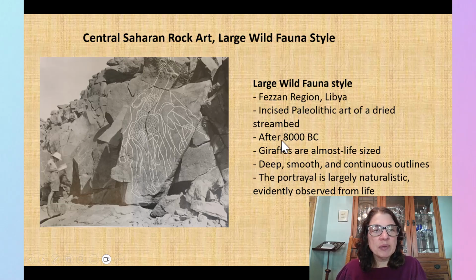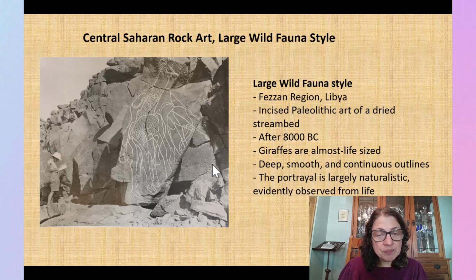We have this appearing sometime after 8,000 BC. Why are the animals overlapping like this? Well, we believe that since this is the Paleolithic period, we have hunters and gatherers, so they're nomadic. And it could be that they're returning to this area year after year, that this was just a really good hunting site.